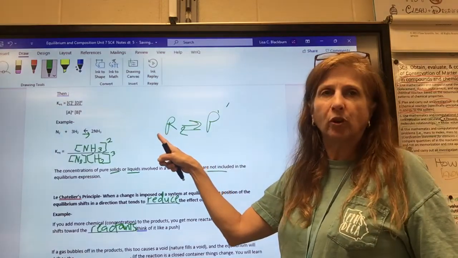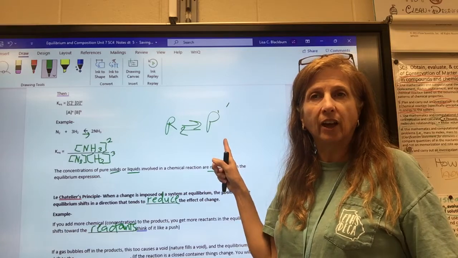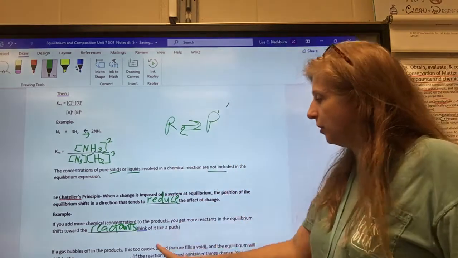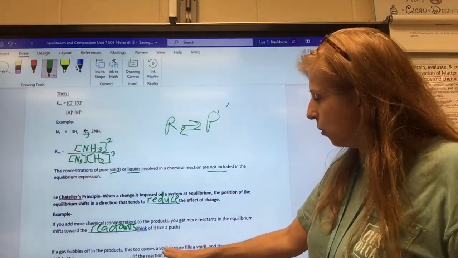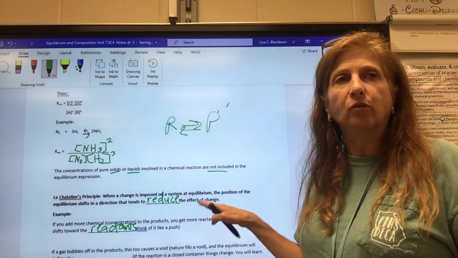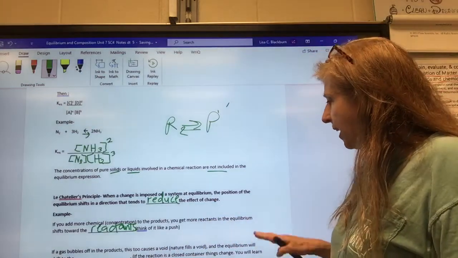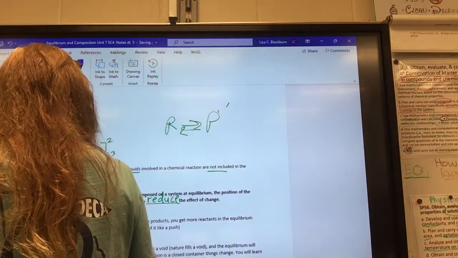So this room's too crowded. Where are people going to go? They're going to go to the other room, to the P room. Does that make sense to you? So if you have a gas bubbling off in the products, it makes a void. Nature fills a void. Have you ever heard that expression? Nature is going to fill the void, and the reaction will shift to the products.